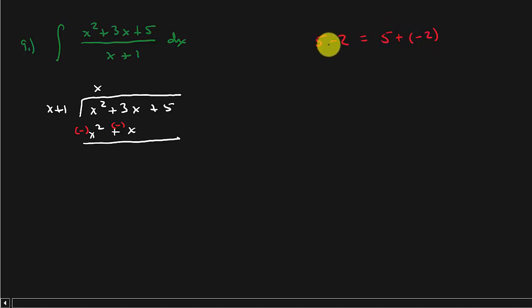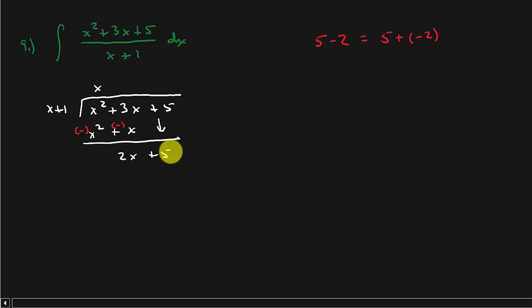This is 5 minus positive 2. You would change the positive 2 to a negative 2 and add. That's what we're doing. We're changing the sign of each of these and adding. So this is 0. This would be 2x, and then you bring down your next term, plus 5.